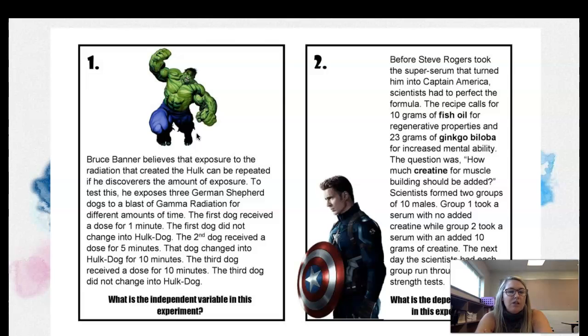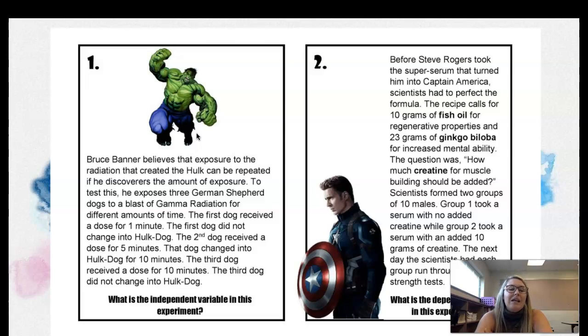The first dog received a dose for 1 minute and did not change into Hulk dog. The second dog received a dose for 5 minutes, and that dog changed into Hulk dog for a total of 10 minutes. The third dog received a dose for 10 whole minutes, and that third dog did not change into Hulk dog.